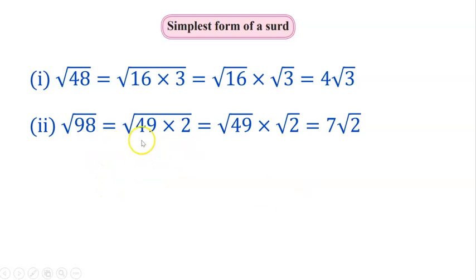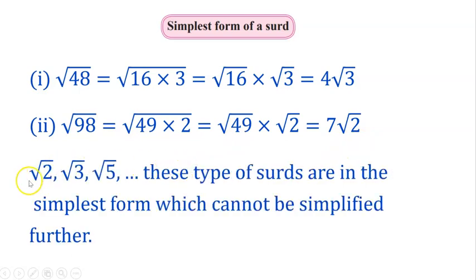Root of 98 can be written as root of 49 into 2. Separate it. Root of 49 into root 2. Root of 49 is 7. 7 root 2. Now root 2, root 3, root 5. These types of surds are in the simplest form which cannot be simplified further.